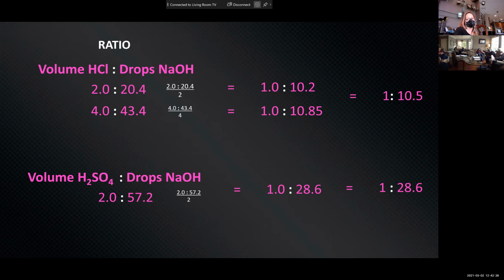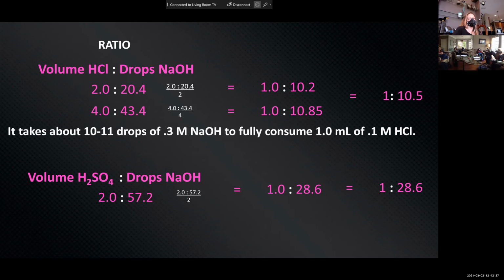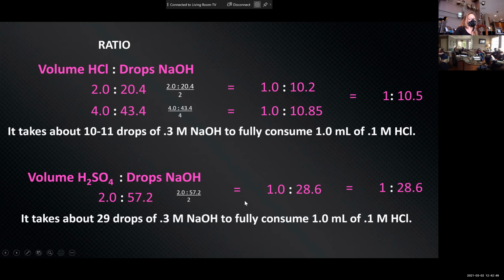I broke it down so it's easier to see the change if you're dealing with 1 in your ratio. So it took between 10 to 11 drops of the sodium hydroxide to consume the hydrochloric acid, right? And in this case, it took 29 drops to consume the hydrochloric acid.